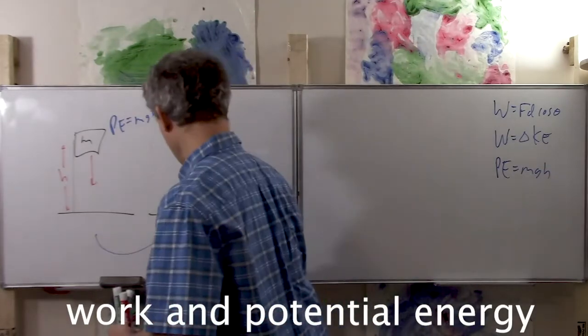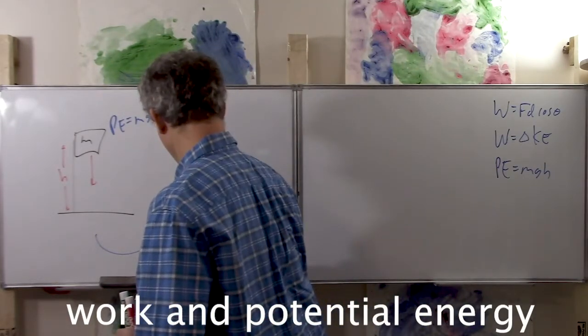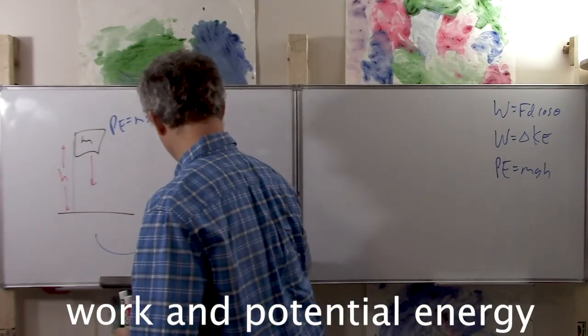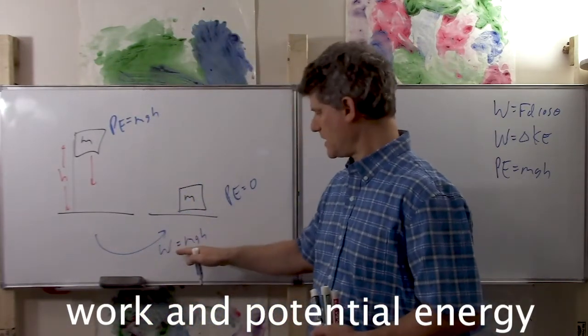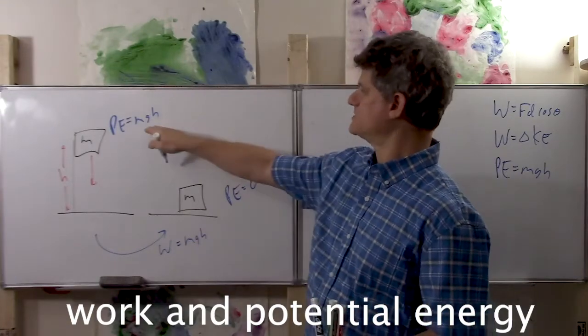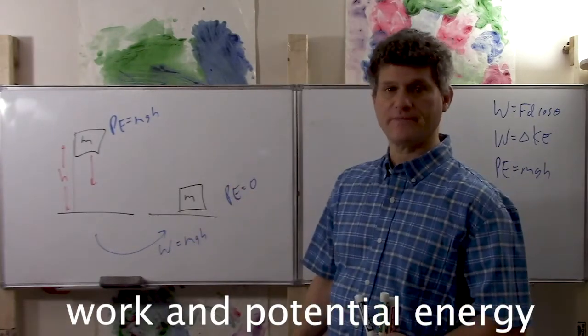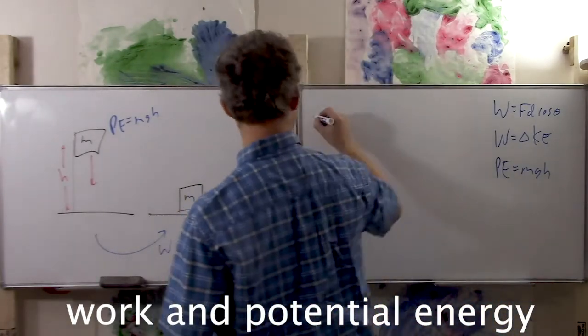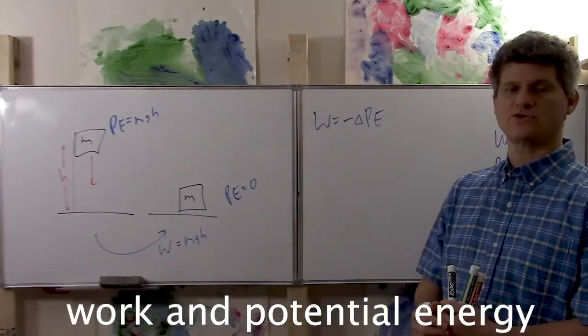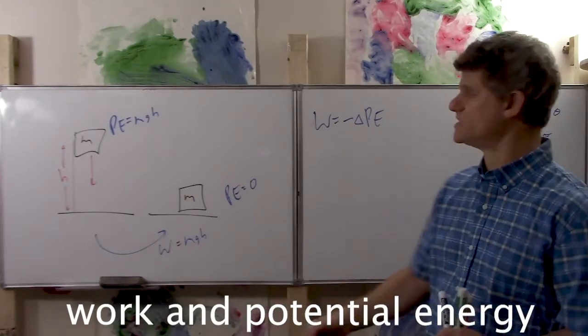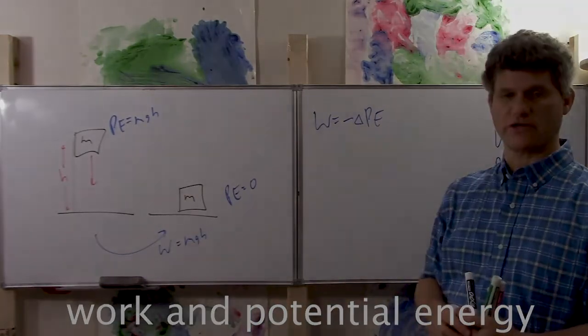That's the amount of work done by gravity. Gravity did this much work, and that caused us to lose that much potential energy. In general, work equals negative change in potential energy. Just as work increases kinetic energy, work decreases potential energy.